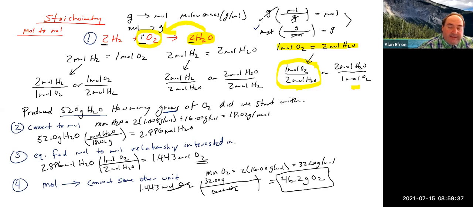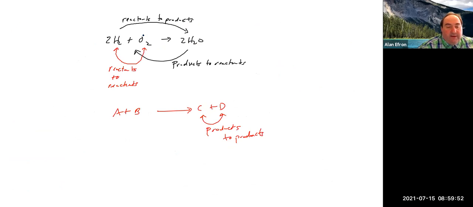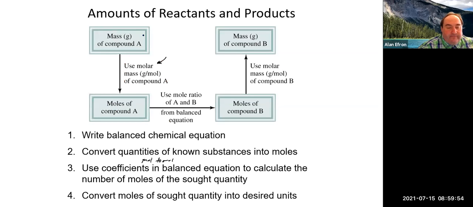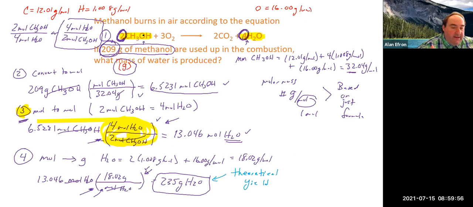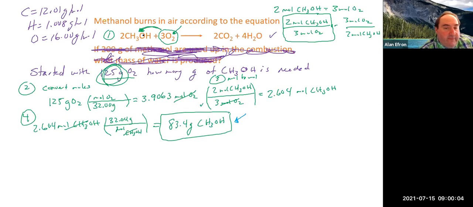So again, these calculations you could do for anybody involved, reactants or products, and it gives you that type of information. If we produce so much, like we did in this problem, this is how much reactants we need to put in there. If we started with a certain amount of reactants, this is how much products we should produce. So it gives you all that important information.